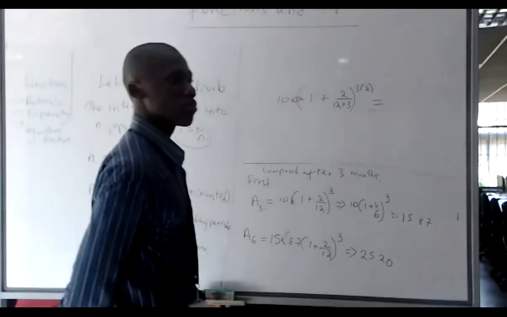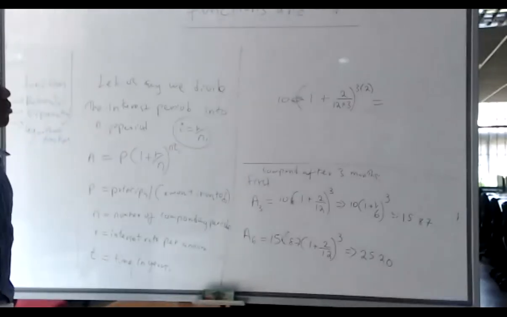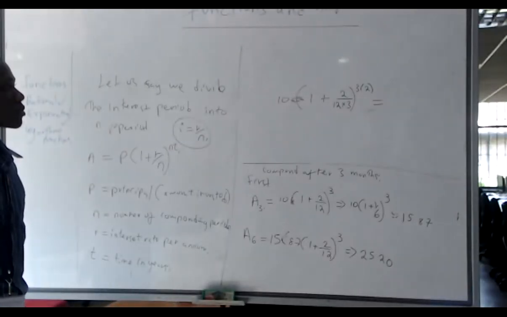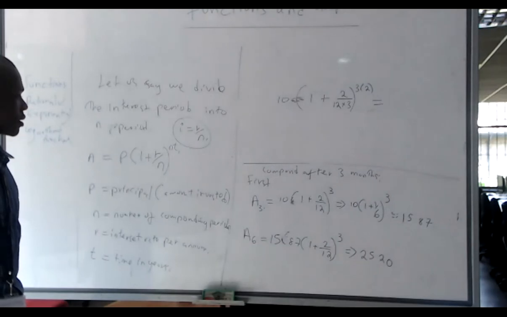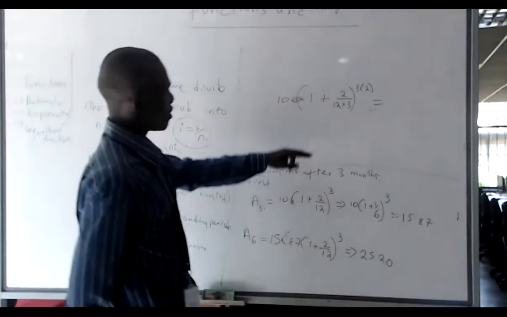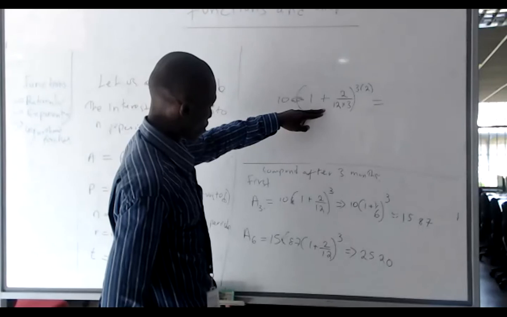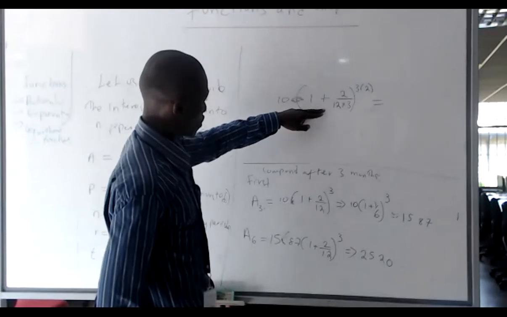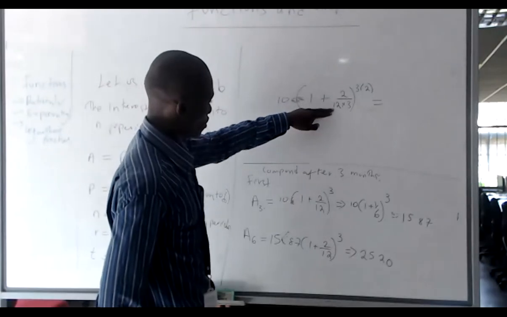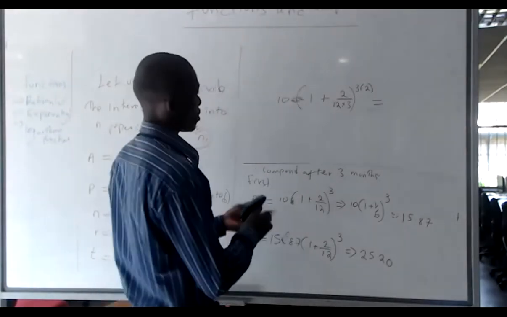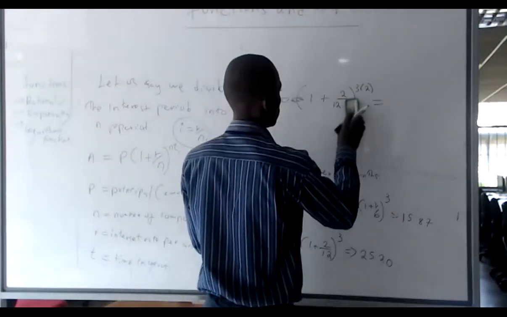Hello? Mine has 68. No, mine has 668. Yes, but I don't even have decimals. I need to change the settings. Interest rate is 2% per annum, divided by 12. Oh, sorry. 13.8.